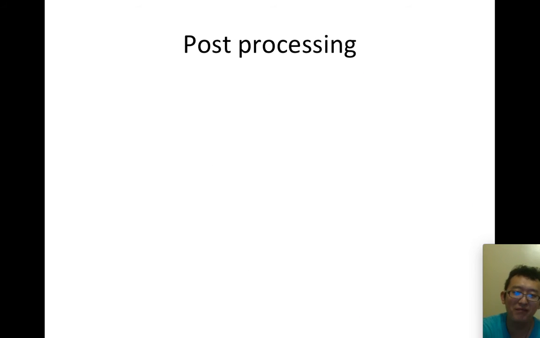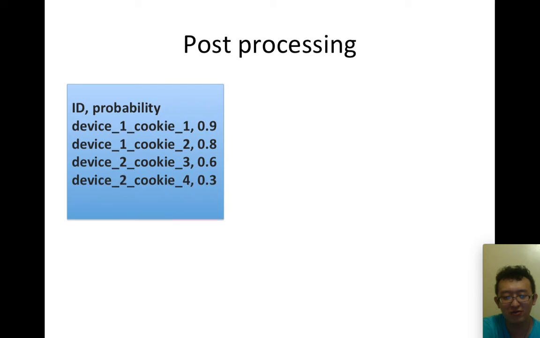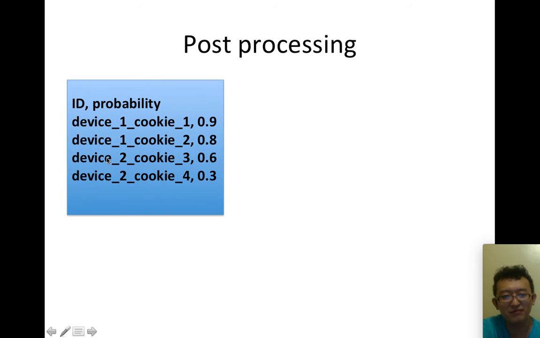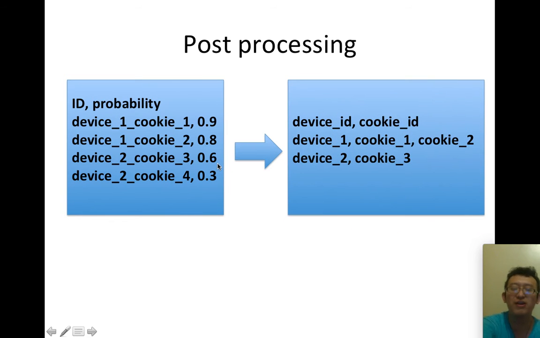After we have a prediction probability for each device cookie pair, we need to post-process this result to get the final result. This is the result of predicting the device cookie pairs. For each pair, we have a probability predicted. But the final result we want is like this: for each device, we give a list of cookies as its true cookies.